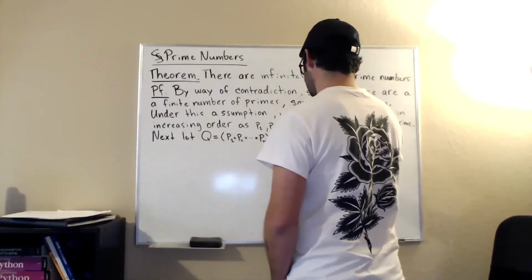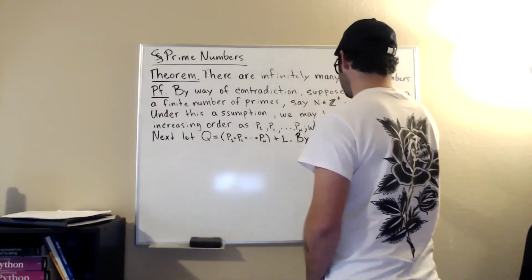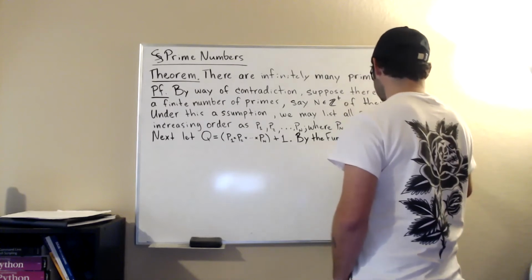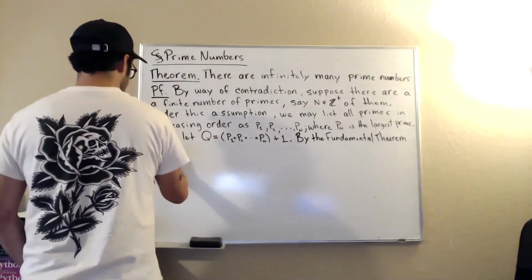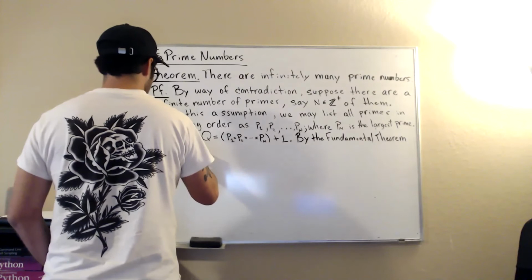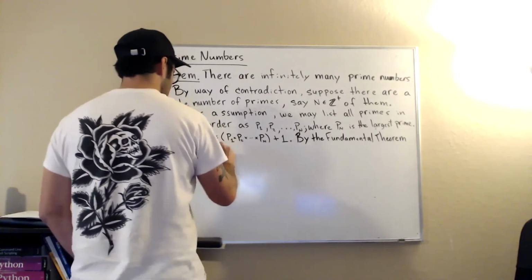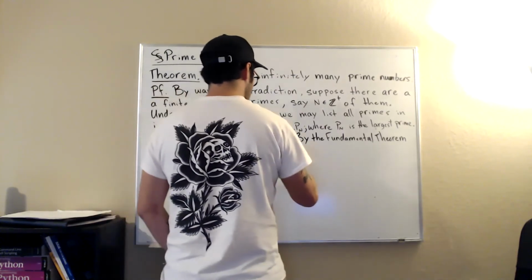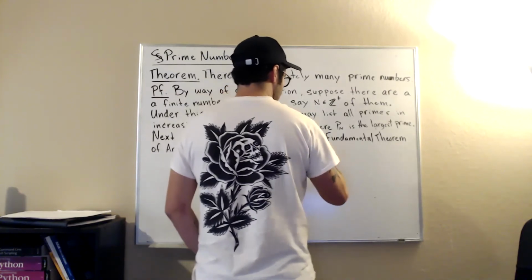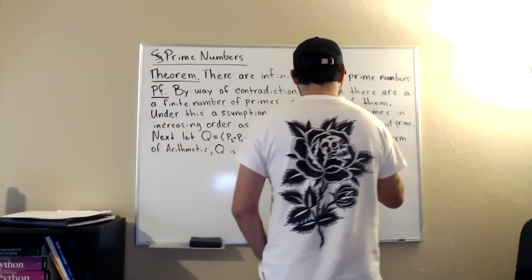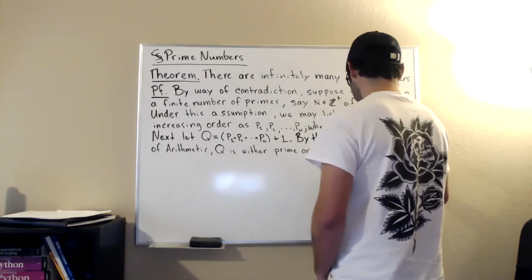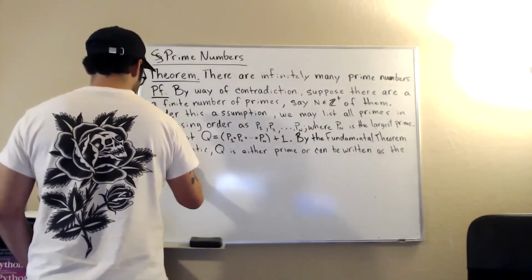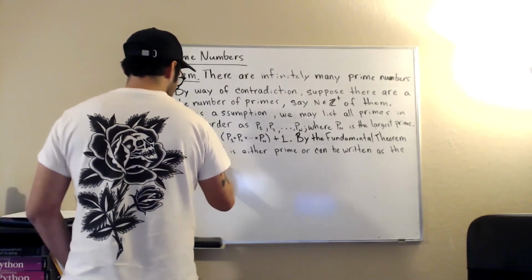Okay. So, by the fundamental theorem of arithmetic, Q is either prime or can be written as the product of 2 or more prime numbers.